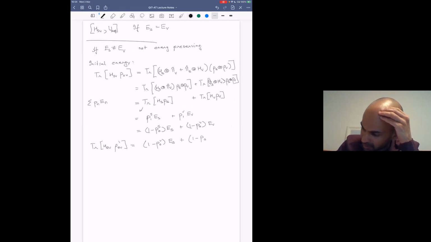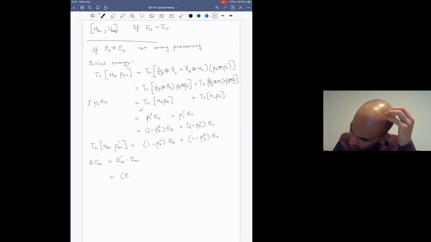And the same thing on the other side, flipped, EV. And so the change in energy, delta E average, which is the difference, E prime average minus E average, I can see now is ES minus EV times, so this is the prime, rho 0 S minus rho 0 V.